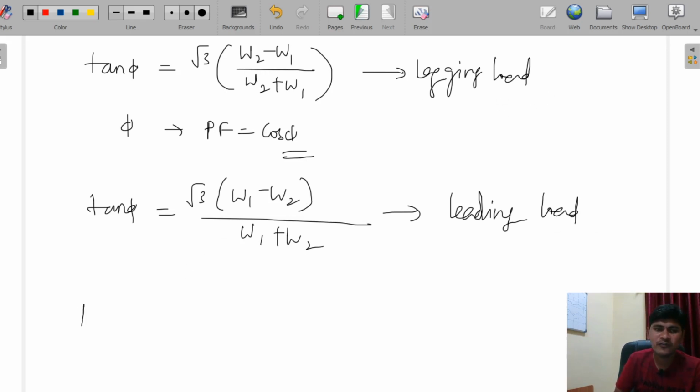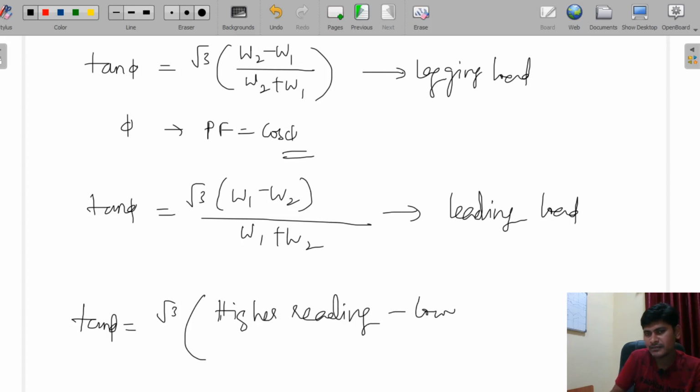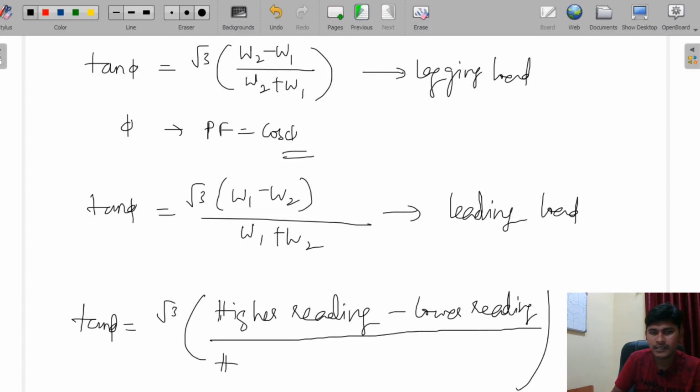So to avoid confusion, take tan phi equal to root 3 into (higher reading minus lower reading) by (higher reading plus lower reading).